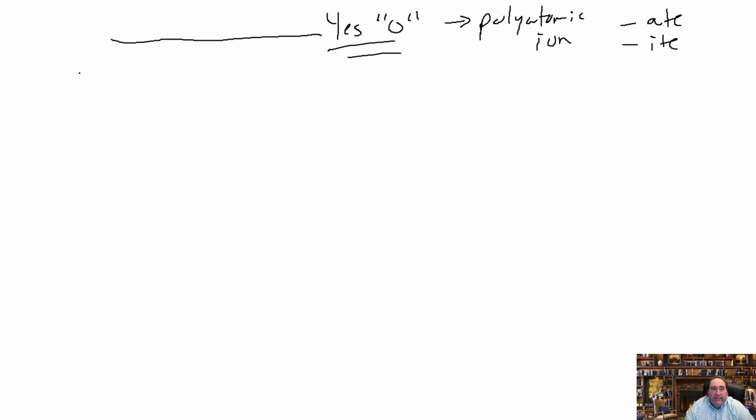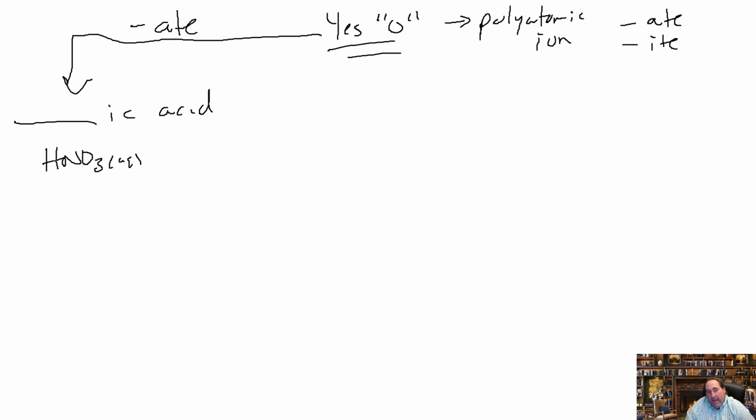So if the answer is yes, it contains oxygen and your polyatomic ion ends in ate, your acid would be something ic acid. So for example, HNO3. NO3 is nitrate, which means this acid would be nitric acid. You had H2SO4.